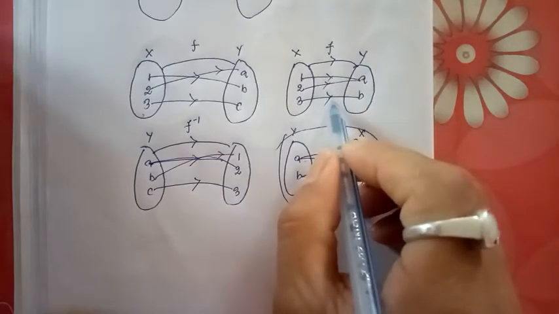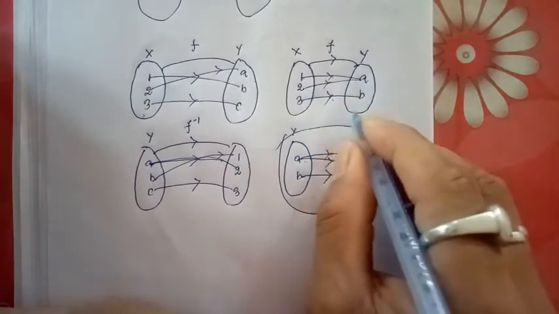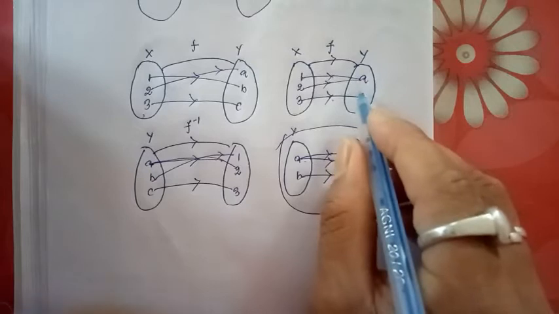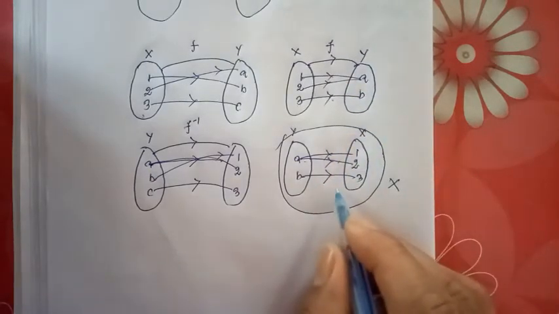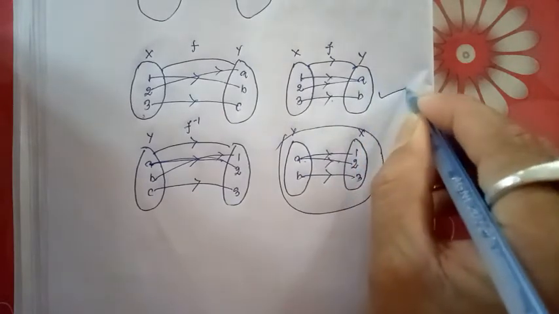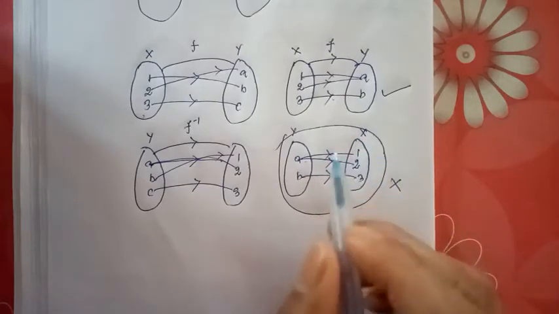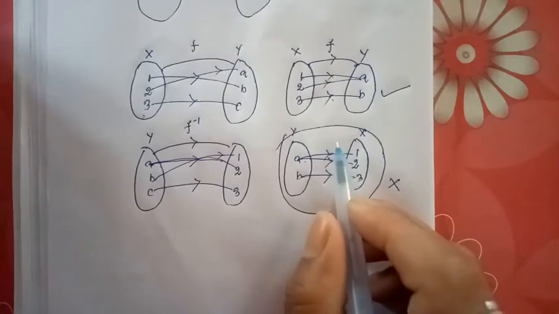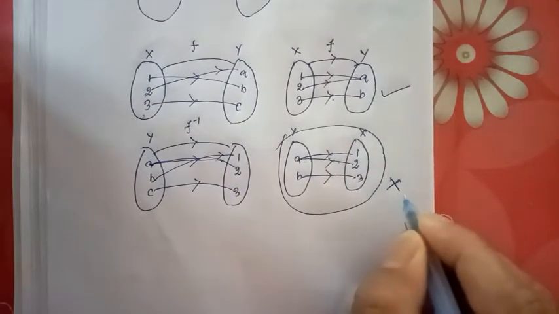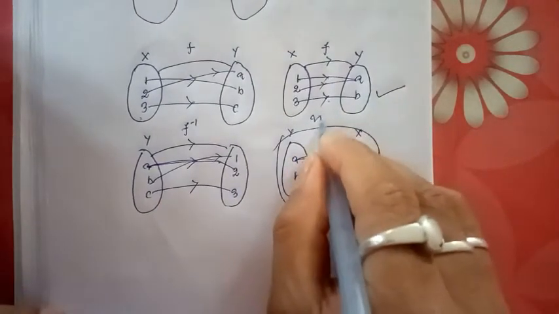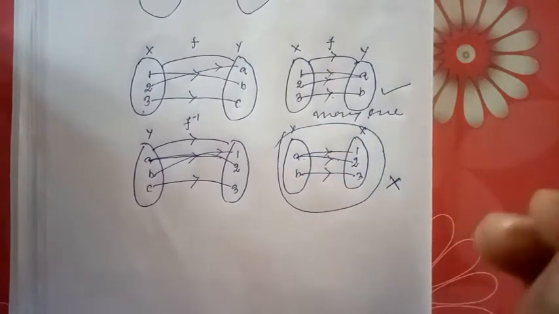This is a function, but it is a many-one function, so invertibility is not possible. Although this is a function, when you reverse it, it is not invertible. Clear? If the function is many-one, then it is not possible for it to be invertible.